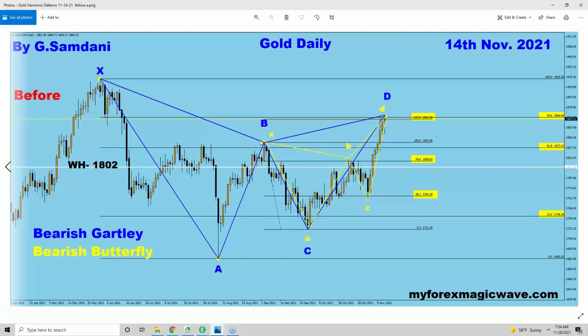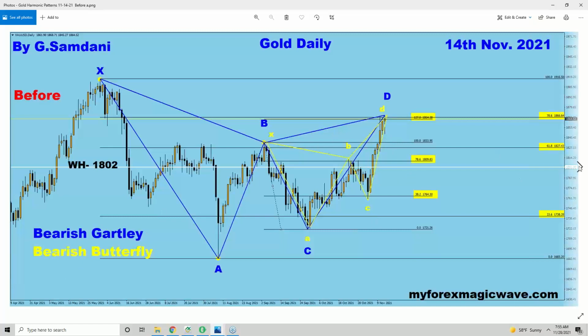And within that pattern, we also have an XABCD. This is a different kind of pattern, called an extended pattern, a bearish butterfly pattern. Both are bearish, both have their target here, the final destination, and from there they're supposed to go down.